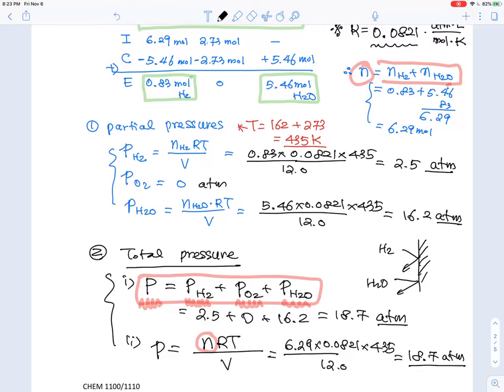Each gas bounce contributes to the momentum change that contributes to the pressure. Whether it's a collision of hydrogen or a water molecule on the wall, the pressure contribution is equally counted as one gas molecule colliding on the wall. That's why this simple equation, a summation of the partial pressure contributions, holds. Thank you for your attention.